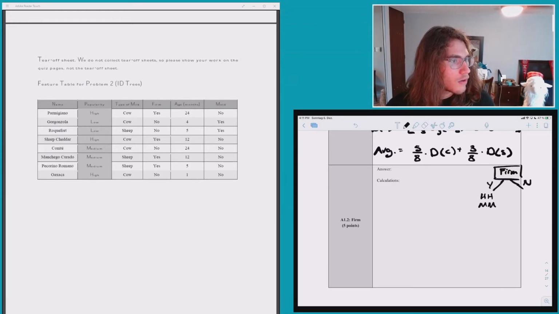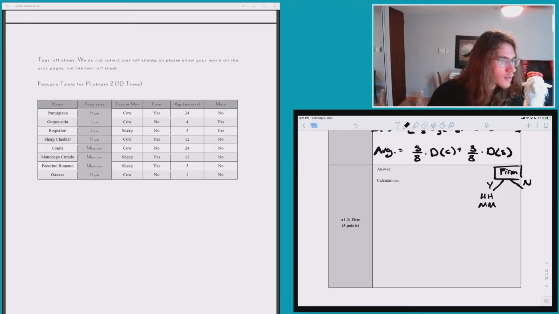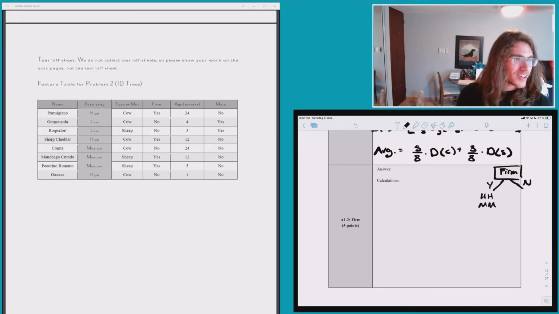And then in no, not firm, I have 1 low, 1 high, and 2 highs, I believe. Who knew reading off a table would be this hard? This is no, so I have 2 lows, 1 medium, and 1 high. There we go.